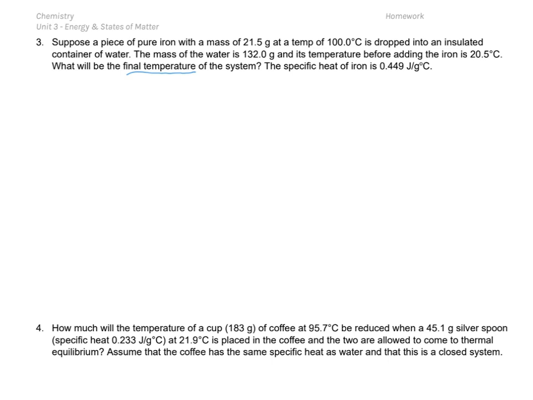So we're going to use our same equation, the Q gained. In this case, the energy gained by the water, it heats up, is going to equal the negative Q lost by the metal. Looks the same so far, right? Except instead of solving for the specific heat of the metal, we're solving for the TF, the final temperature.